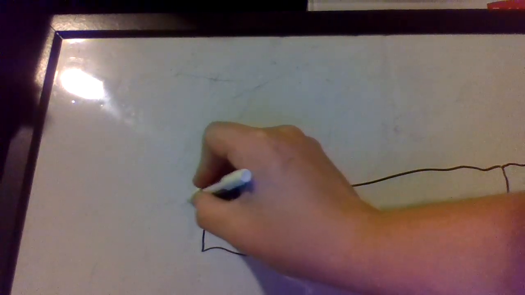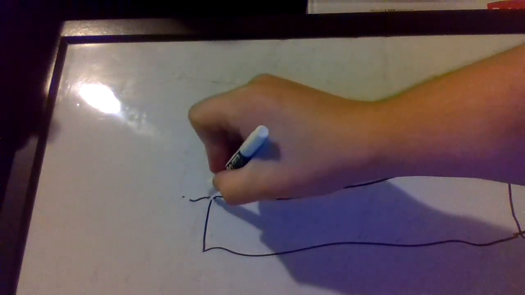We've got two squares on each side. That doesn't look good. I'm going to try to make this drawing as accurate as possible. Which it's not.